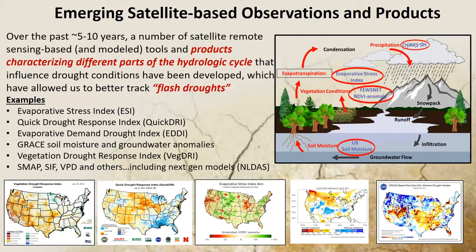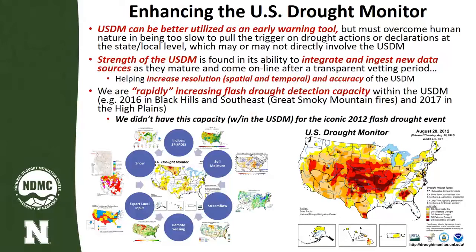And we think these are already showing their mettle by helping us better track things like flash drought and the effects on ecological systems. As I mentioned earlier, this has been a way to integrate them into the U.S. Drought Monitor, initially vetting them, tapping into an expert network of over 400 experts on the ground that ground truth and provide a sanity check to the U.S. Drought Monitor every week.